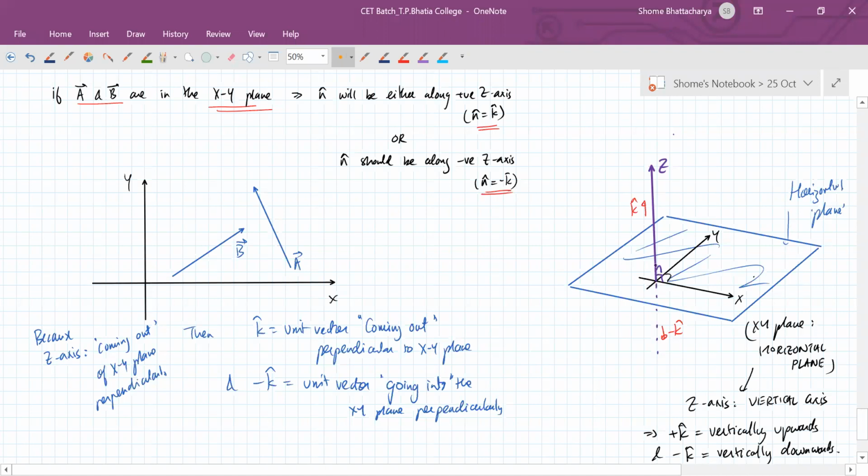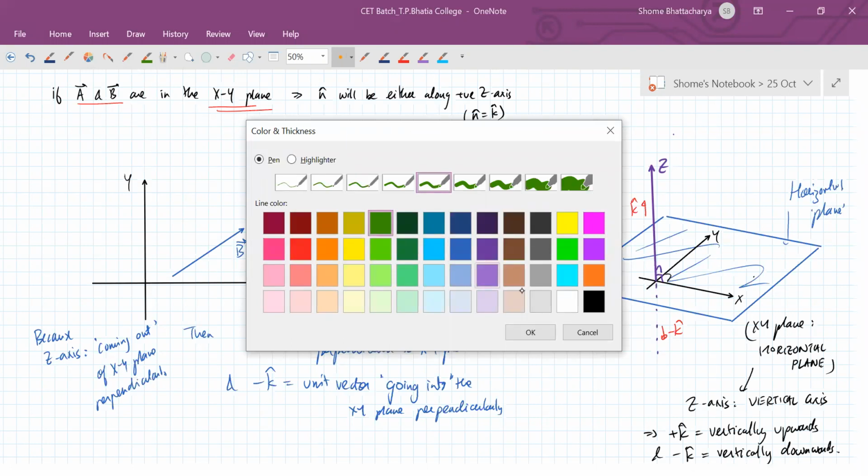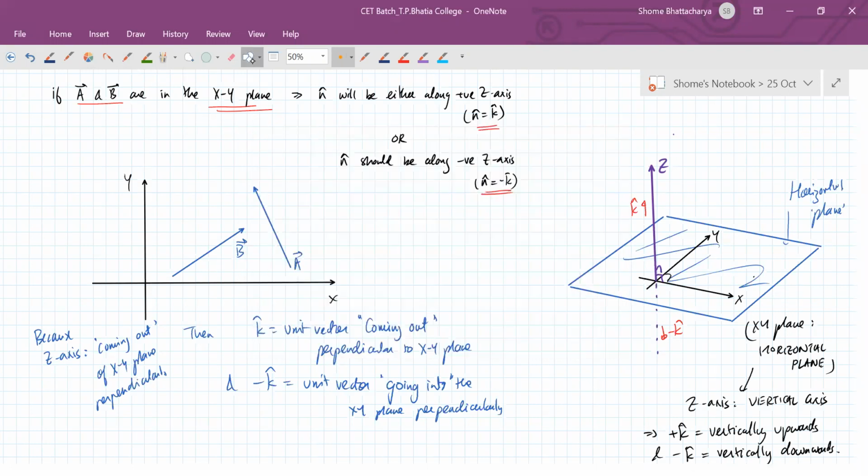So now you can understand that if we have any two vectors a and b which are lying in this plane, like in this diagram, suppose we have two vectors a and b which are lying anywhere on the horizontal surface. Just imagine two arrows that I've drawn which are on that tabletop, which is the horizontal surface. Then depending on how these two vectors are oriented, our a cross b will either be in the direction going up, that is along k cap, or it will be in the direction going vertically downwards, that is minus k cap.